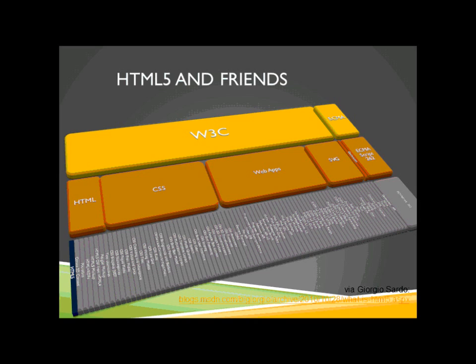Now, when you refer to HTML5, you can be referring to the markup language itself, but also to the world of HTML5 and friends, including the markup, which is denoted by that little blue sliver on the left, and CSS, cascading style sheets, JavaScript, as denoted by ECMAScript, web apps, so APIs for targeting all things like web storage and server-side things and SQL and all kinds of stuff, just some APIs that you can use, as well as SVG, which is something that we're going to talk about today.